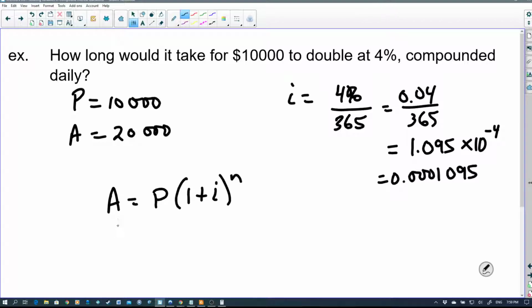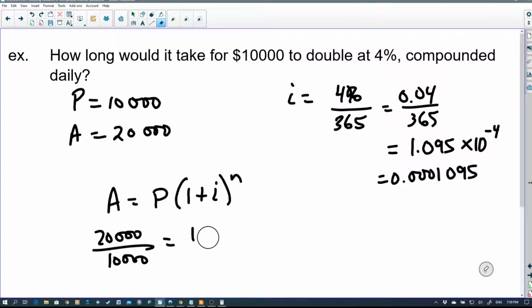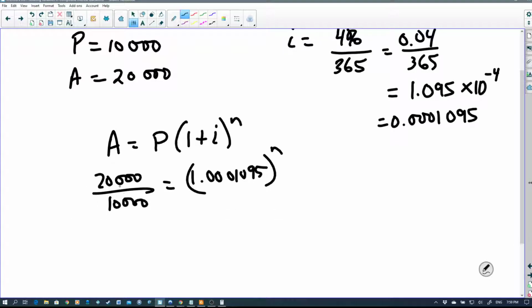So I'm going to bring the P over and divide, but I'm going to replace the A by 20,000, the P by 10,000, 1 plus, and that's going to be 1.0001095, because you're just adding 1 plus i, right? And because this is a doubling question, and we've seen doubling questions in a previous lesson, your ratio is always going to be 2 when you're doubling. So if you were tripling, you would end up with a 3 there.